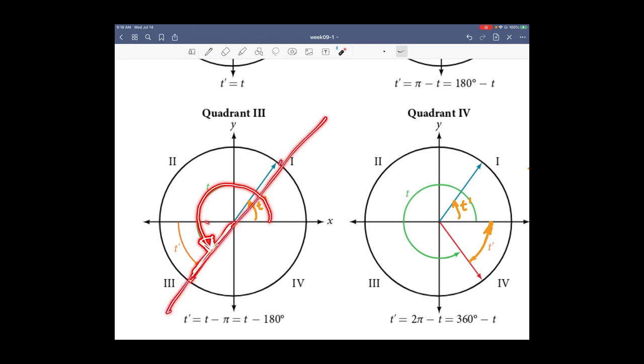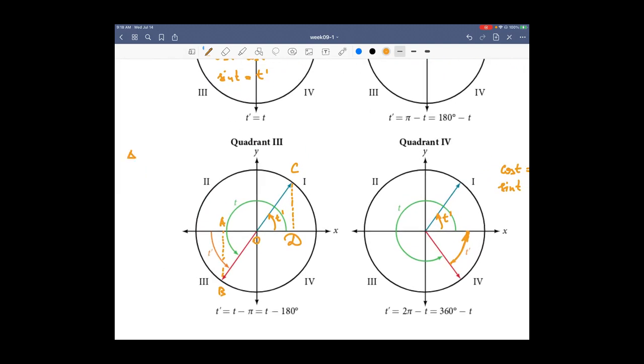Let's extend it and find this point. I claim that the triangle OAB and the triangle OCD are equal. Why is that? Well, the angles BOA and DOC are equal.